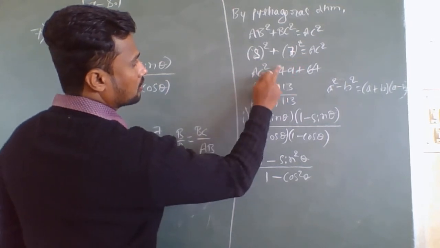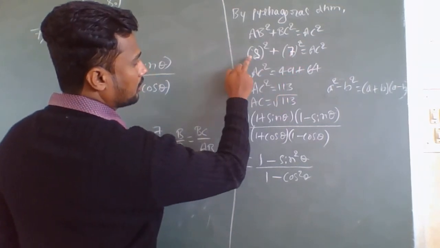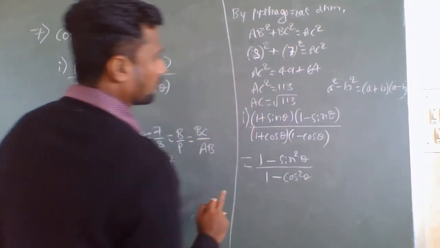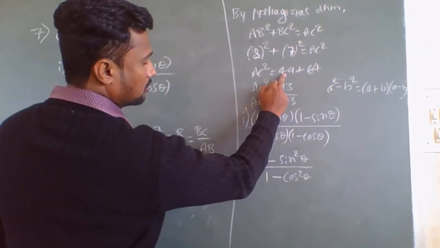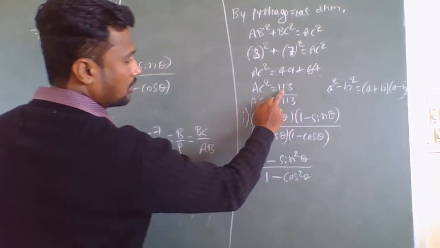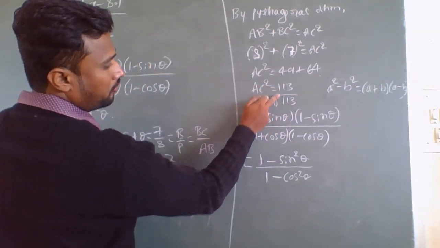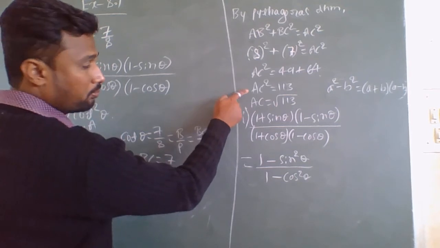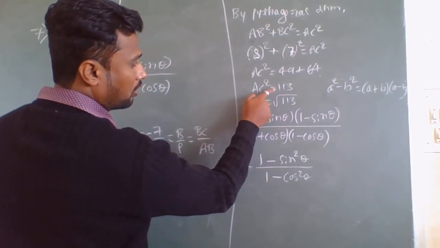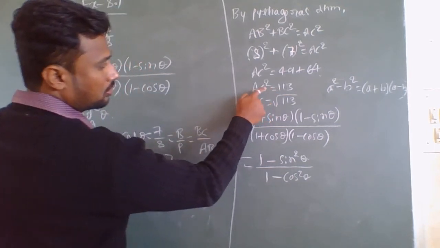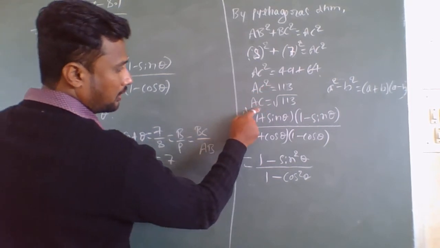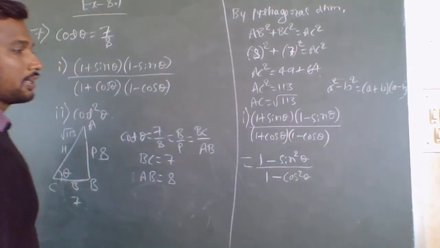AC square equals 7 square, which is 49, plus 8 square, which is 64. So AC square equals 113. Therefore AC is equal to the square root of 113, because we are calculating the AC value, so we do not consider the square.